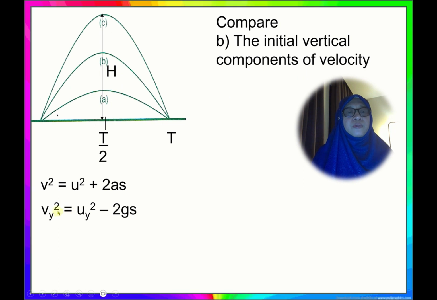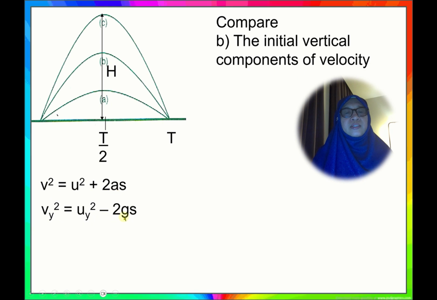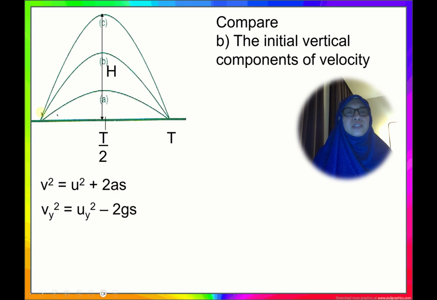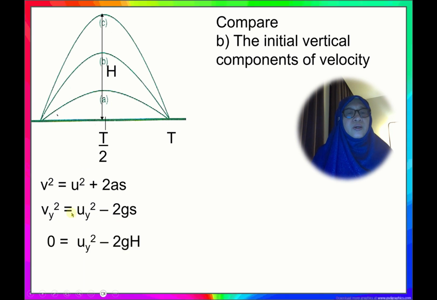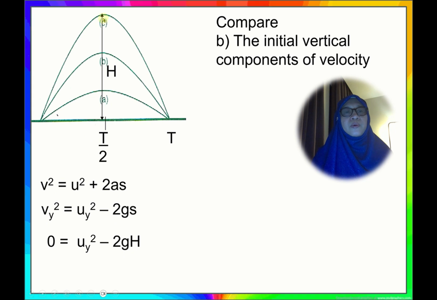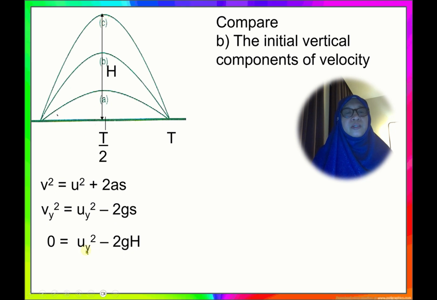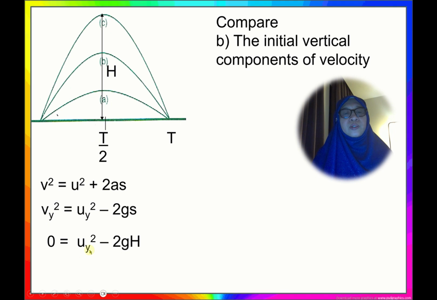So vy squared equals uy squared minus 2gs. The acceleration is negative g because the motion is upward, against the g direction. At the peak here, the vy component will be 0. At initial, the velocity is uy.